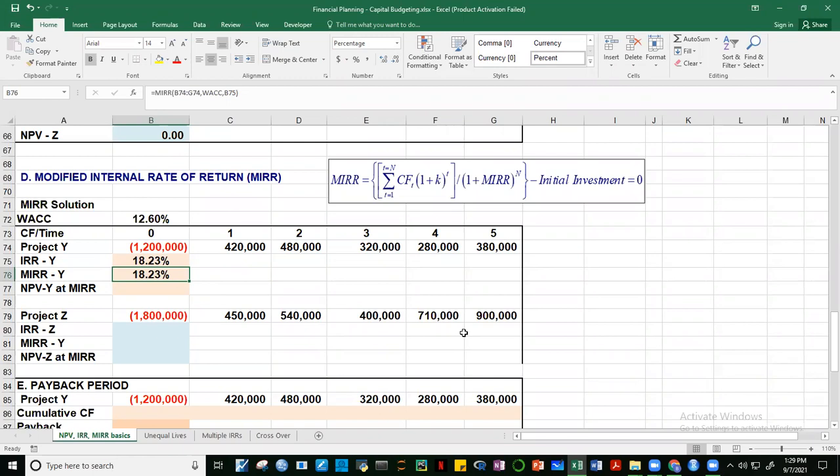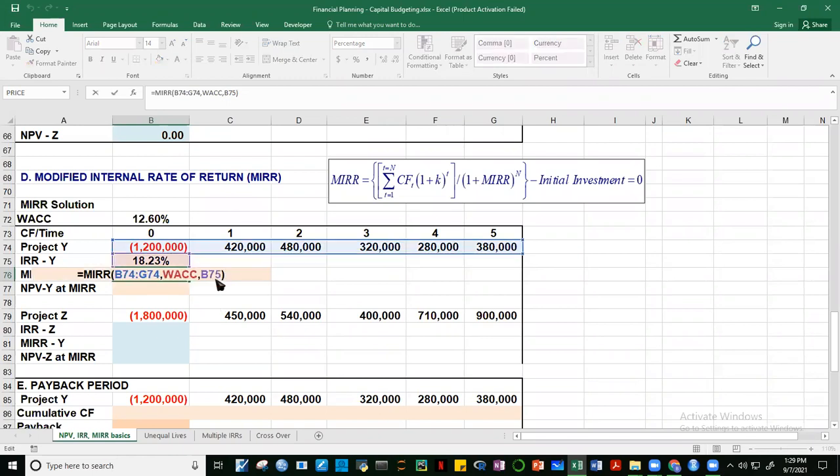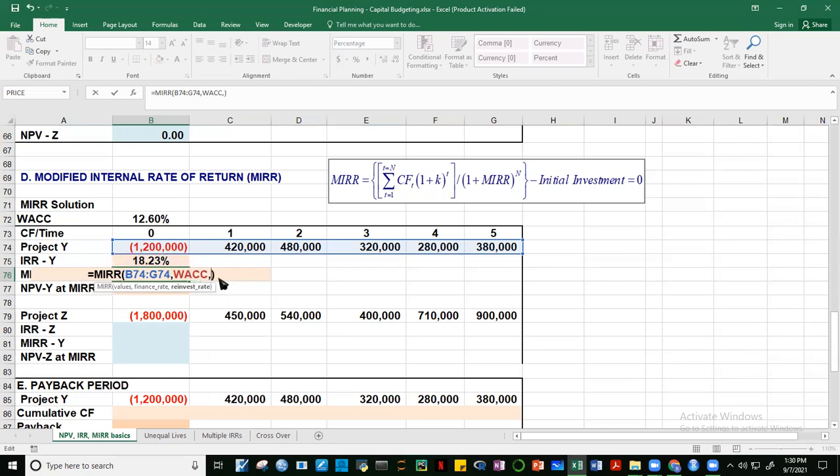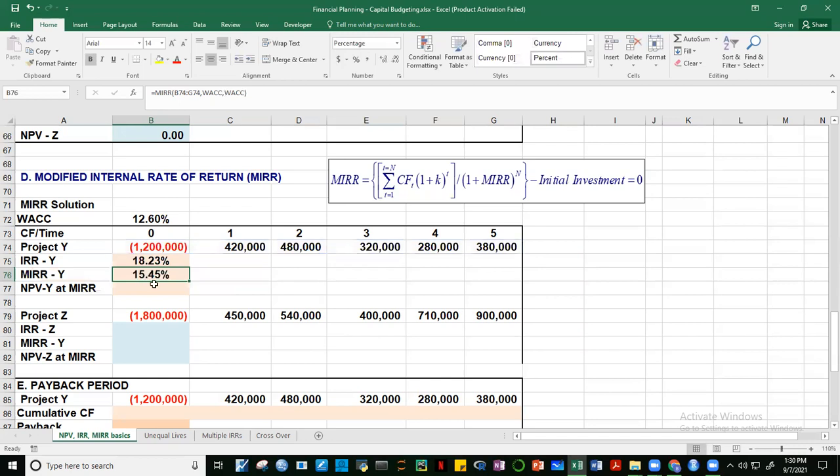Yan. Kasi sa IRR, yung reinvestment rate natin, ang ginagamit natin yung IRR mismo. And sabi natin that's theoretically inferior siya. Kasi dapat yung reinvestment rate natin at WACC pa rin yun. So at WACC pa rin, okay? So we have now our MIRR 15.45%.